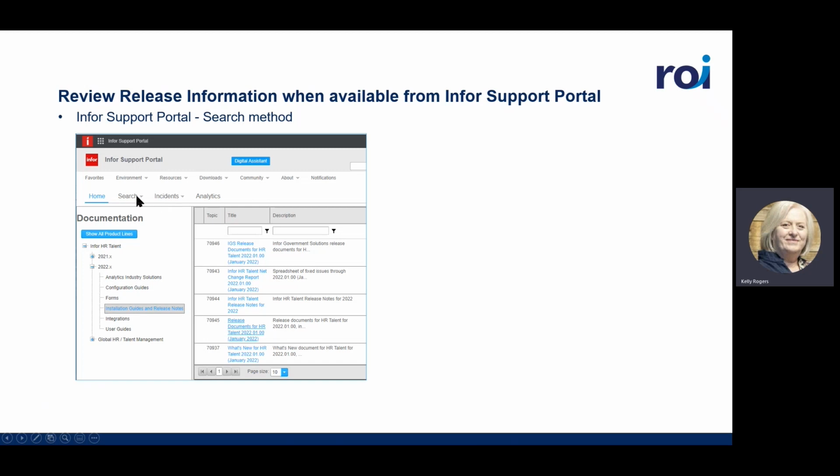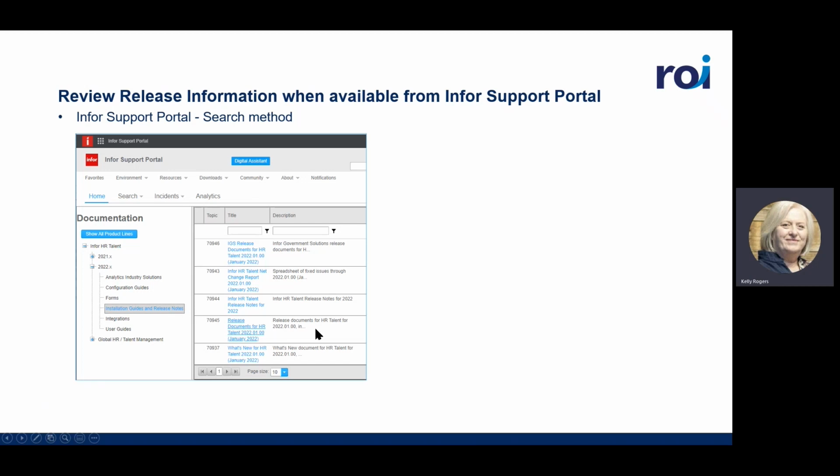So you want to go to your search tab, selecting documentation, then showing all product lines and expanding the Infor HR talent section and the appropriate year, in this case 2022. Looking for the installation guides and release notes subheading, which will then show you the documentation that is available.